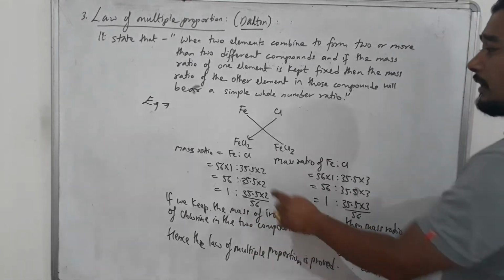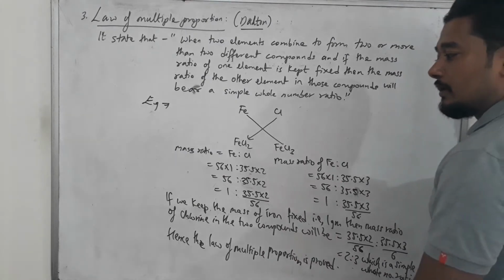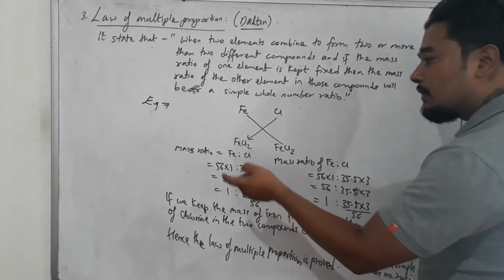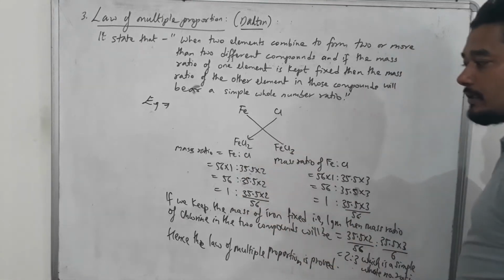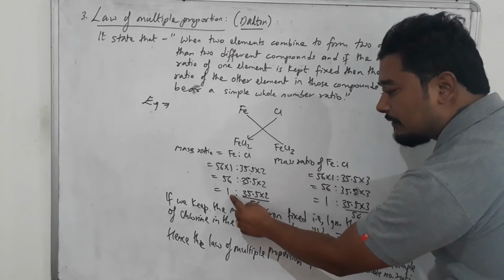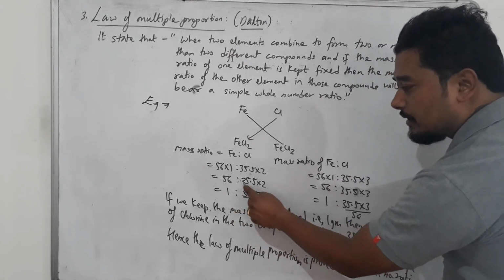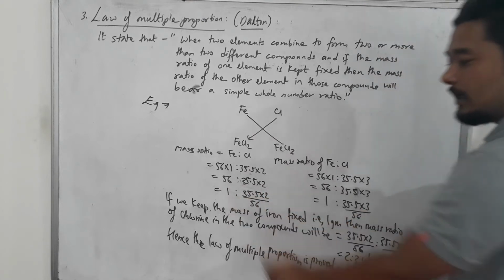Now, I have to keep one element fixed, either iron or chlorine. If you want to make chlorine fixed, you have to make it 1 gram. Similarly, if you want to make iron fixed, you have to make it 1 gram. So I want to make iron fixed in this case, so I have to bring this number down. It will become 35.5 into 2 divided by 56, and here what remains is 1.